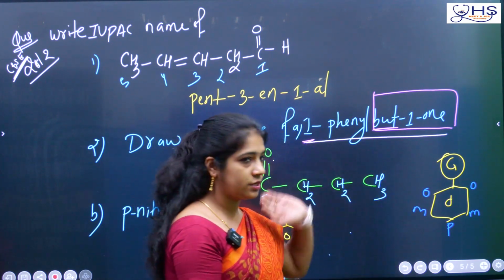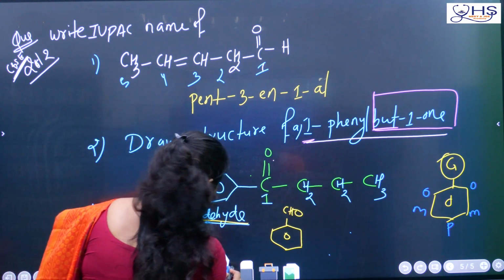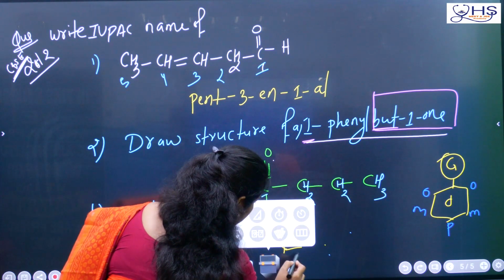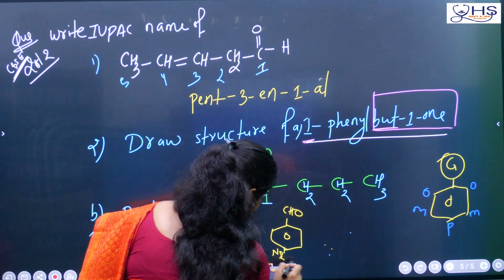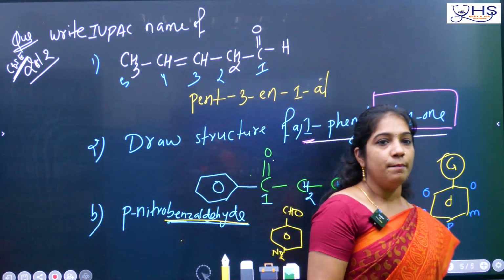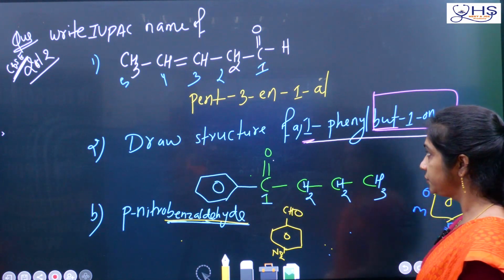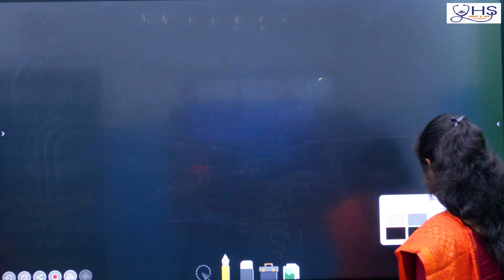Then the opposite position is para. So, here what have they given you? Para. That means the opposite position. Para-nitro means the nitro group is present in the opposite position. So, this is para-nitrobenzaldehyde. Like this kind of questions will come, practice them.